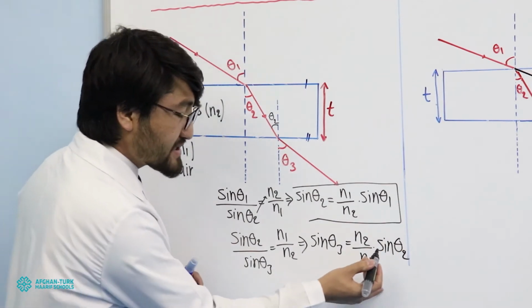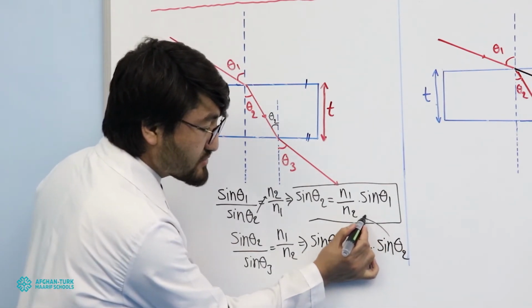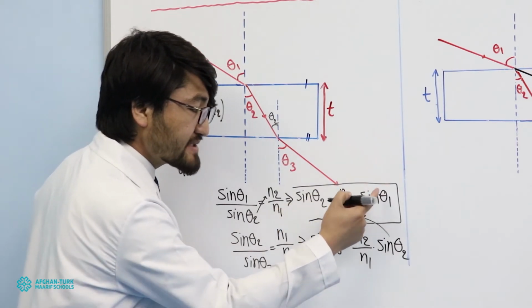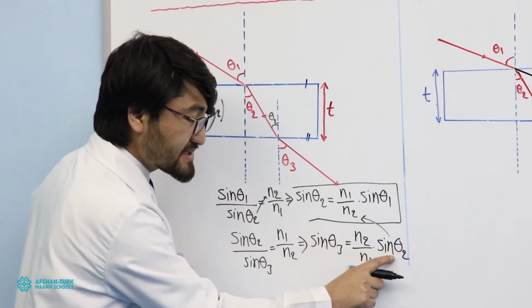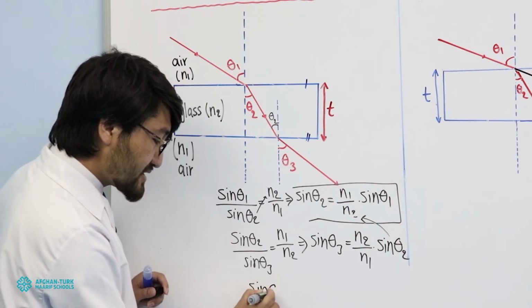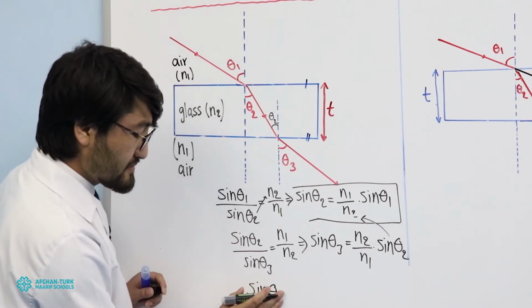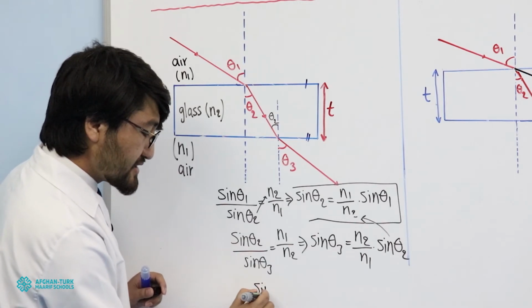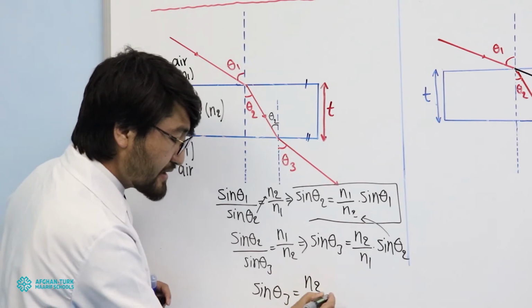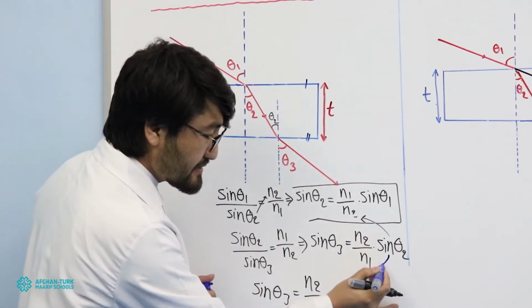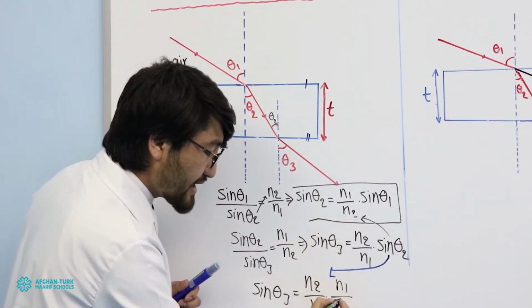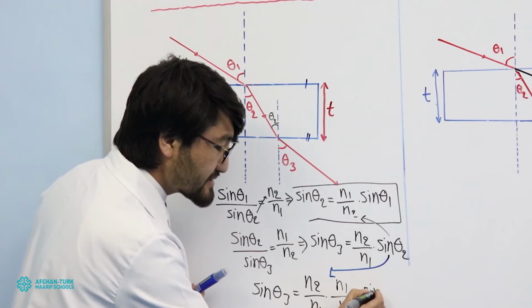Instead of sine theta 2, I put this value: sine theta 2 is equal to N1 over N2 times sine theta 1. So sine theta 3 is equal to N2 over N1, and instead of sine theta 2, I put N1 over N2 times sine theta 1.